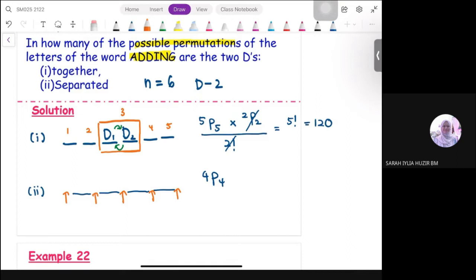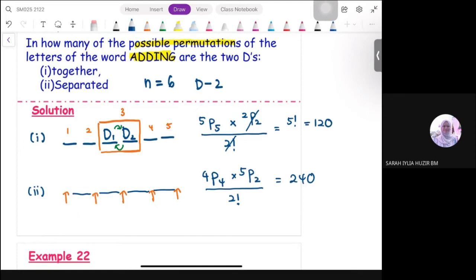So we have 5 spaces to arrange only 2 different Ds. So 5P2, divided by 2 factorial because the letter D is identical. So we have 4 factorial times 5P2 divided by 2 factorial. Our answer will be 240.